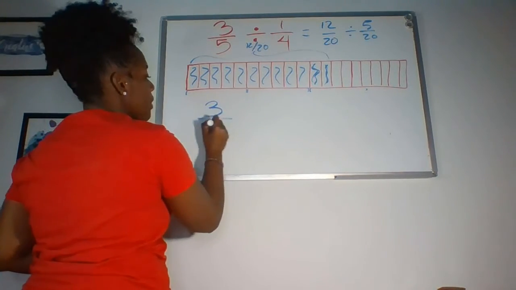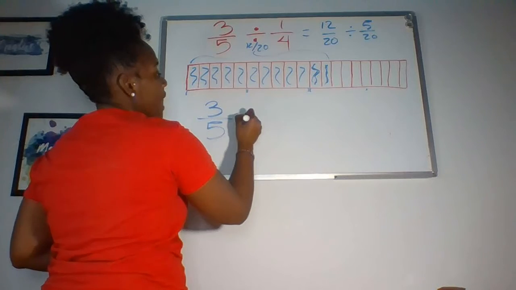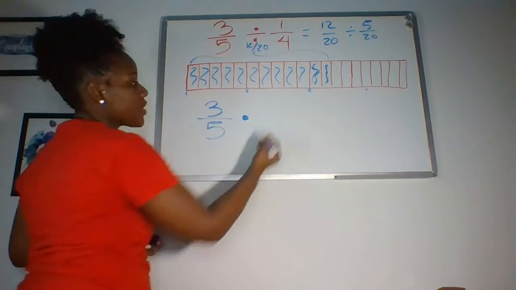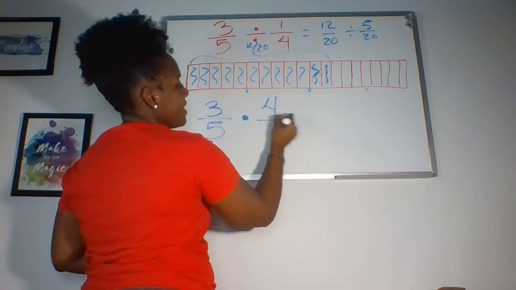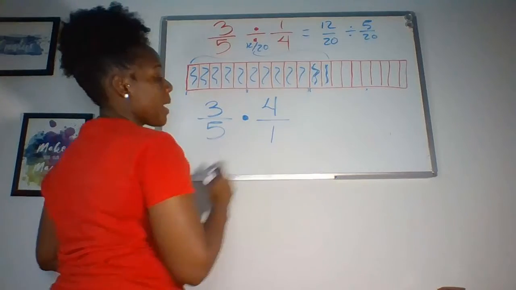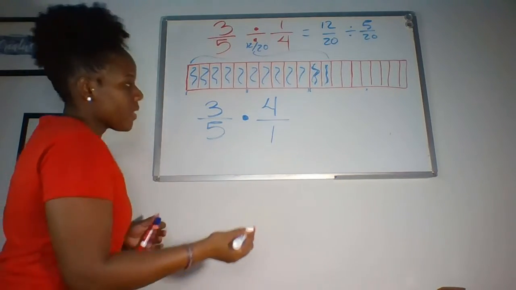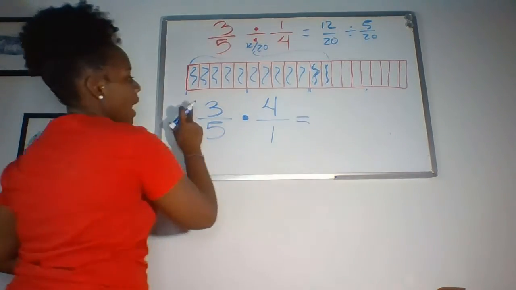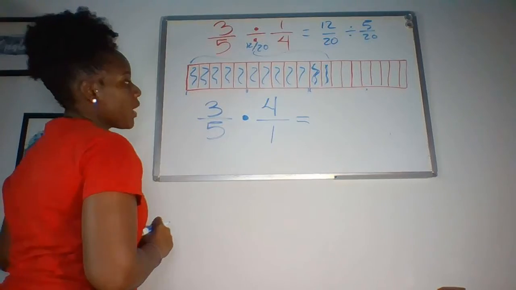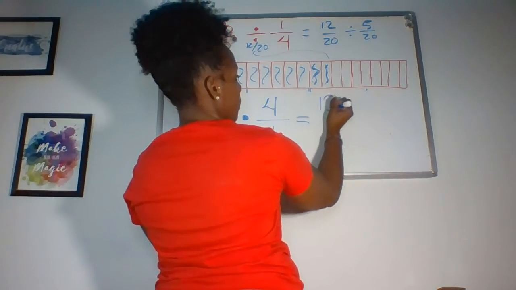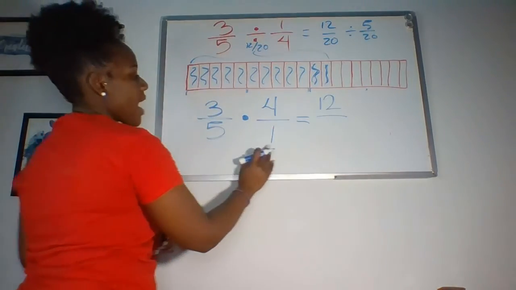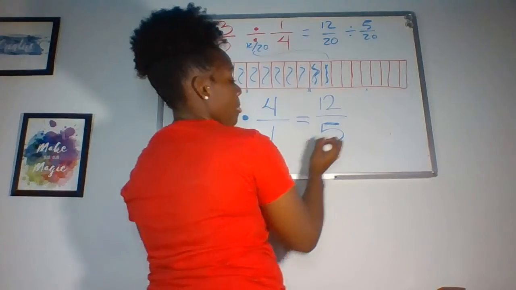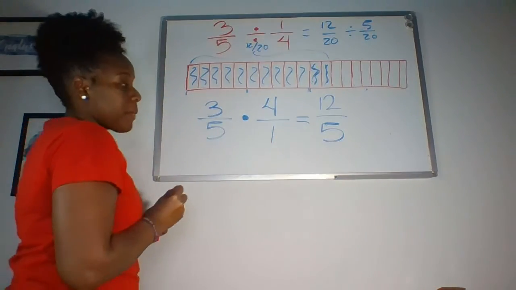Keep the first number, change the division to multiplication, and then take the reciprocal or multiply by the opposite, flip the second one, right? So we'll have 3 times 4, which is 12. Then we'll have 5 times 1, which is 5. Here we have an improper fraction.